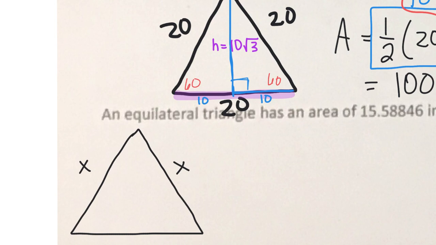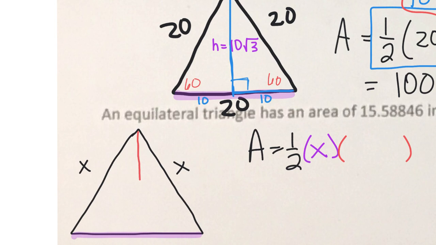Area equals 1/2 of the base. What is my base variable? X, right? This is my base here. So 1/2 of x. Now I have to figure out what my height is. Remember, this is my height. The height is the long leg of a 30, 60, 90 triangle.